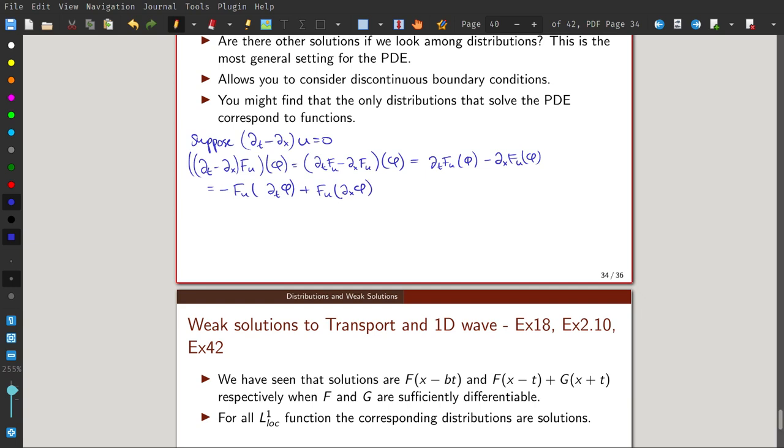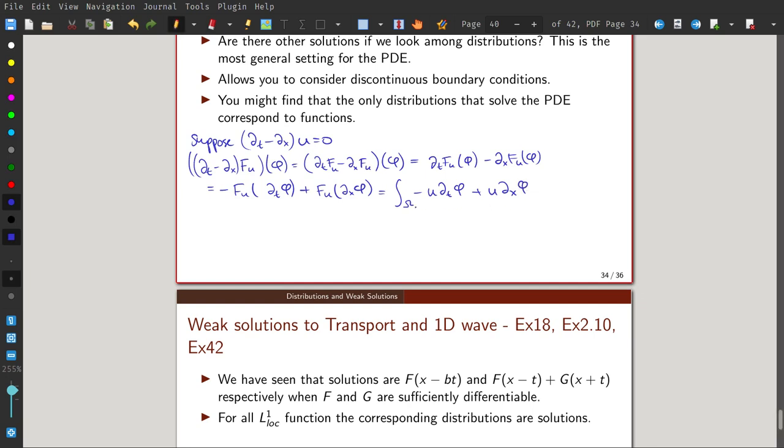So we have this. And let's look at what this is. This is the integral over the domain of minus u multiplied by partial t phi, minus u multiplied by partial x phi.